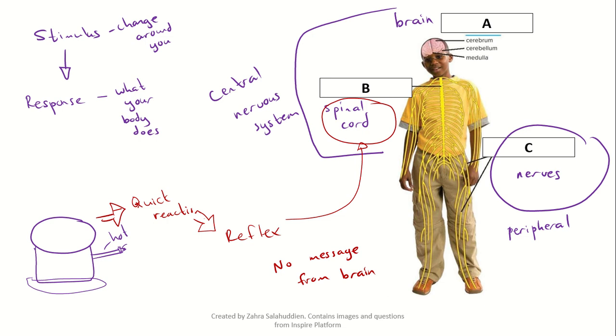There is only one word that I have not mentioned, and this word is called perception. So when we can recognize and understand a stimulus, so when we recognize and respond to a stimulus, we call this perception.